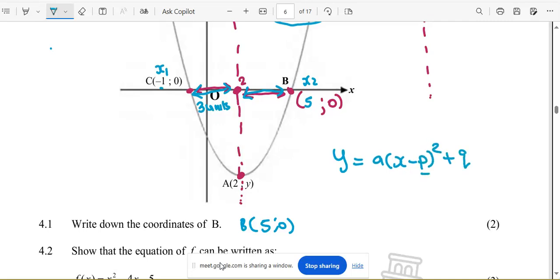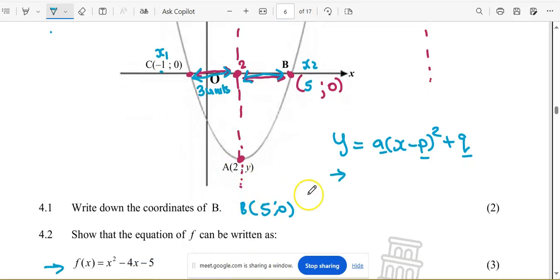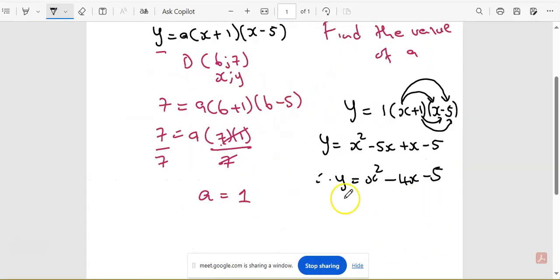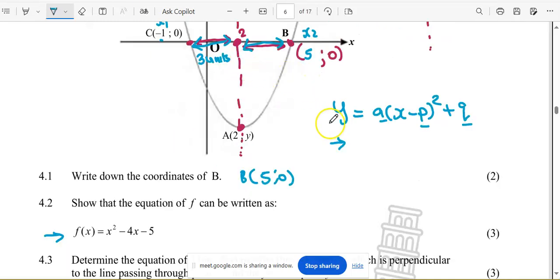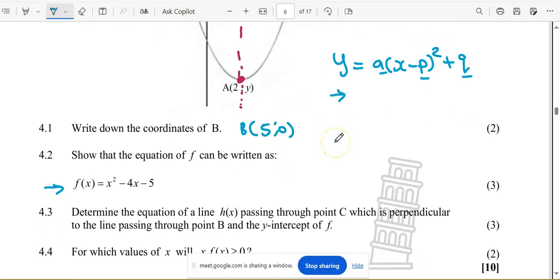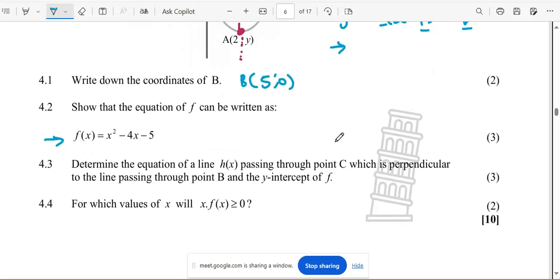You just have to substitute the values of your turning point, then use any point on the graph to find the value of a. But when you are given the x-intercept, you are going to use this method. I'll also upload the notes so that you guys can go through those notes. I'll send them on the group because I know that when I say I upload, I take time to upload the notes.